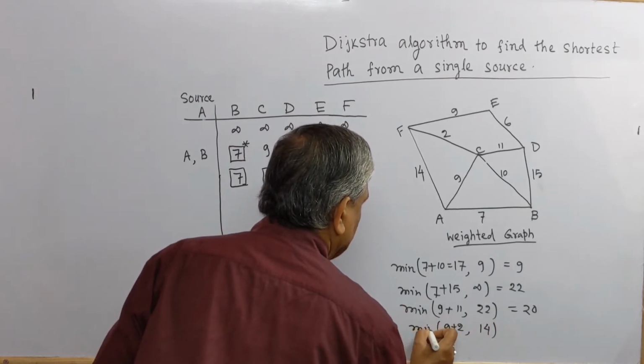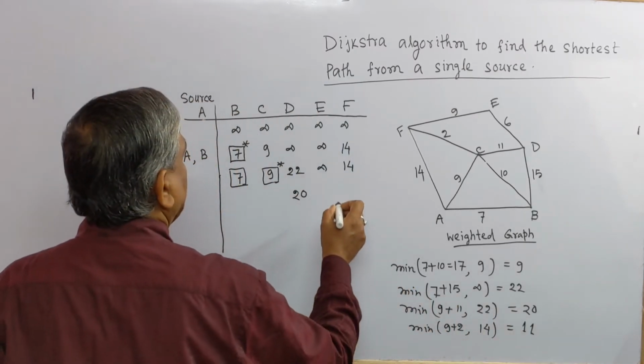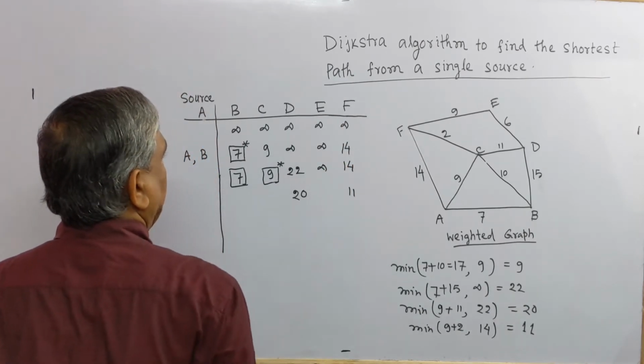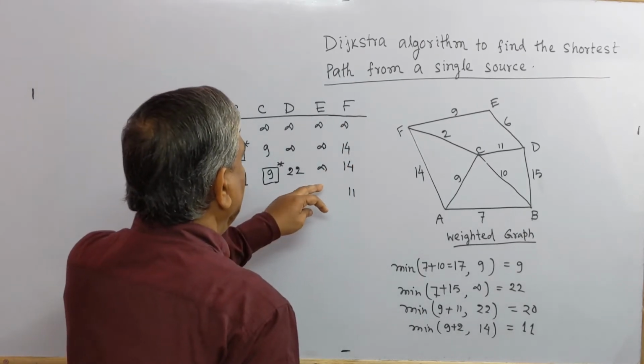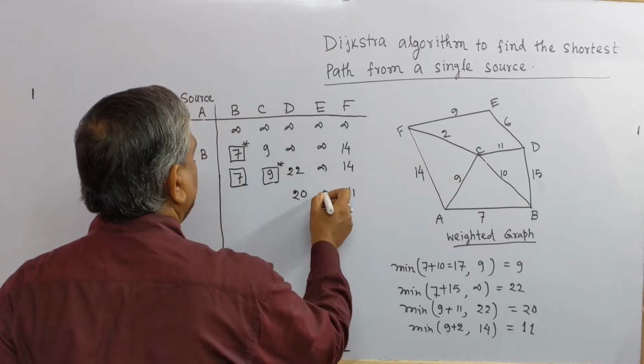The minimum of these is 11. So here we write 11. E is not adjacent to C, so we write the same number.